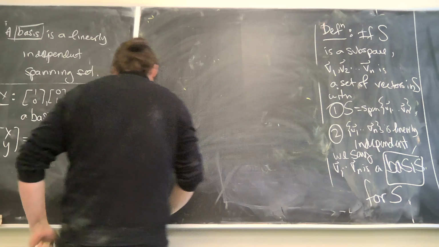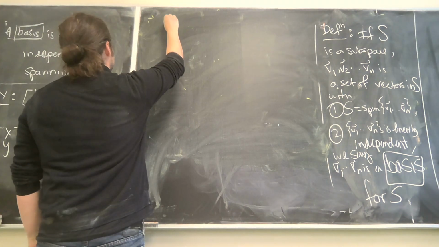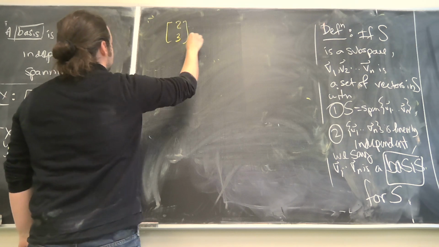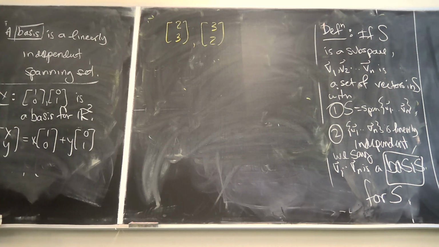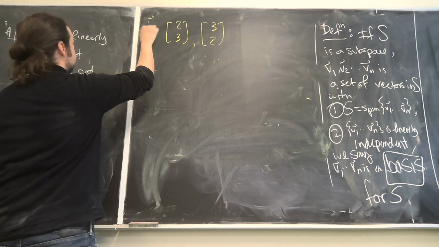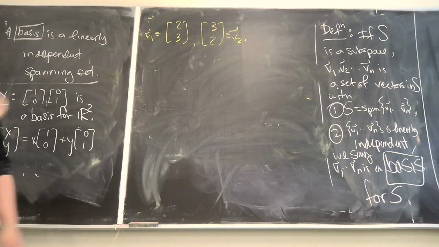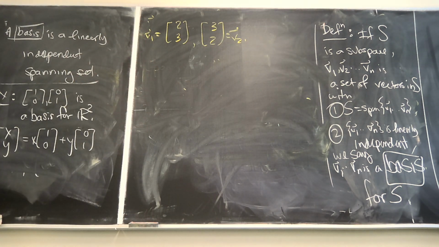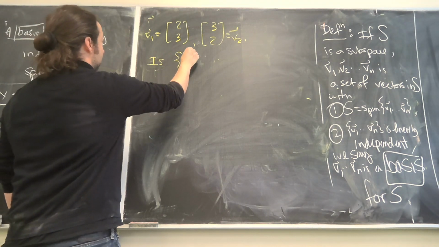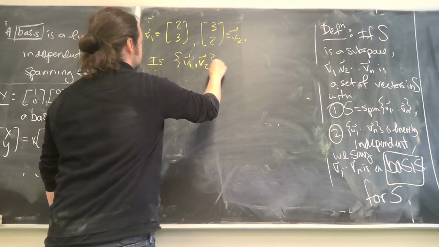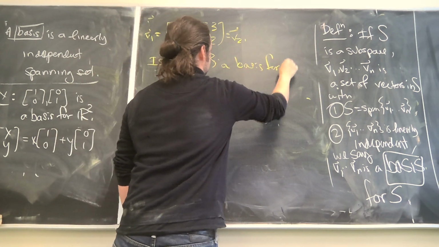So, for example, if I wrote down the vector 2, 3 and the vector 3, 2, so there's V1 and V2, and I ask, is V1, V2 a basis for R2?